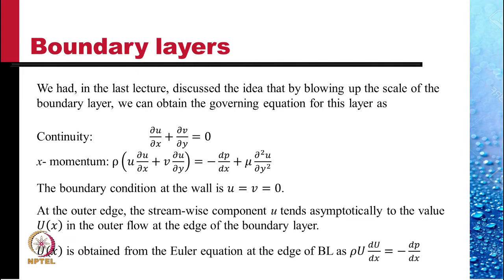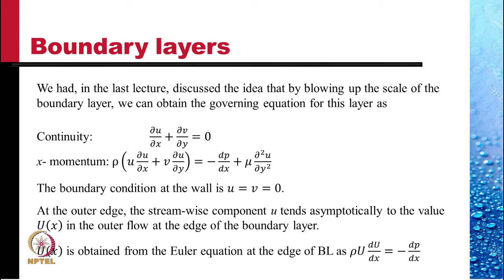The boundary conditions at the wall would be no slip, that is u = v = 0, and at the outer edge the streamwise component u tends asymptotically to a value capital Ux, that is the velocity of the outer flow at the edge of the boundary layer.